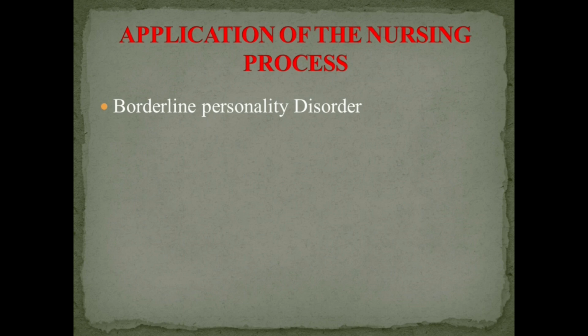Let me give you a clear review about the facts, or about the different things which are included in the borderline personality disorder. Actually, I have already explained it. Not to go in that, let me add some points in that.